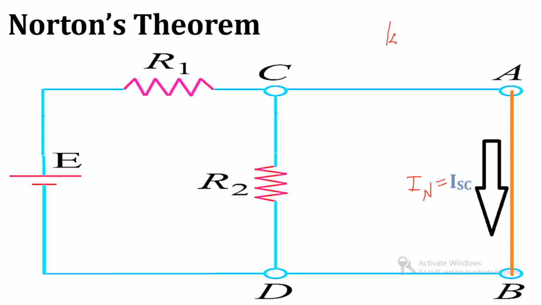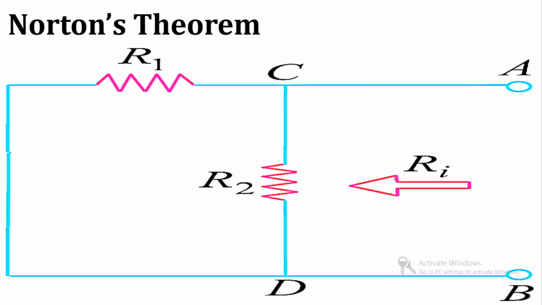We can use KVL, KCL, the superposition theorem if there are multiple sources, the voltage divider rule, the current divider rule, or Ohm's law. Clear? We can use any circuit analysis method to find this Norton's current or short circuit current.